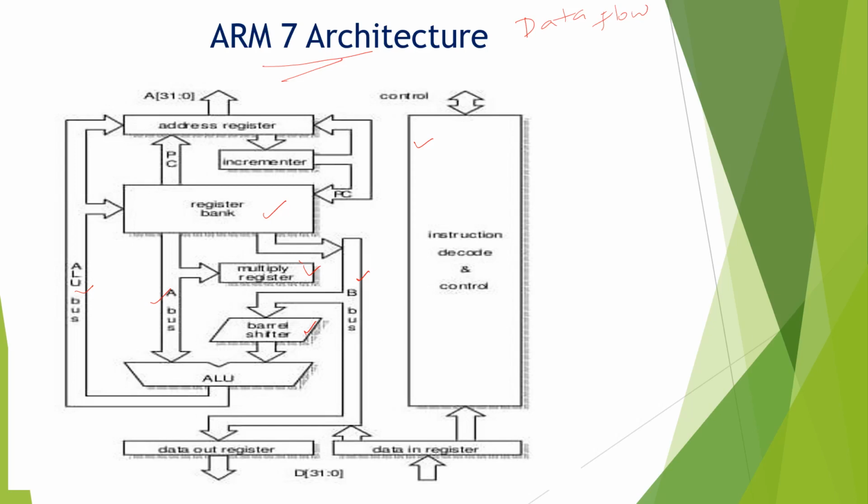See here, the data enters the processor core through the data bus, B bus. The data may be an instruction to be executed by the processor or a data item to be processed.